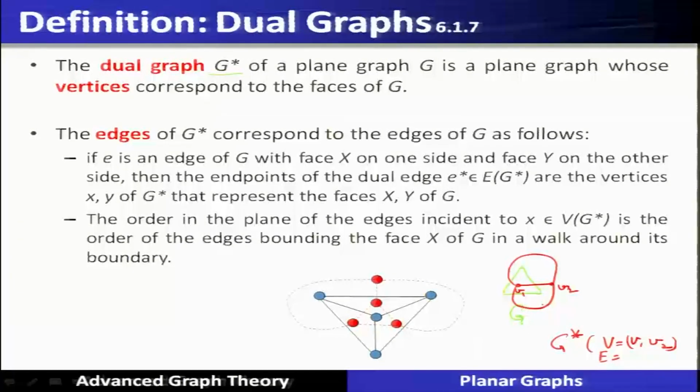This particular red graph, G star, that is the dual, is nothing but V1, V2 with multiple edges and loops also. So, this example shows a multiple edge. Loops will come whenever there is a cut edge.